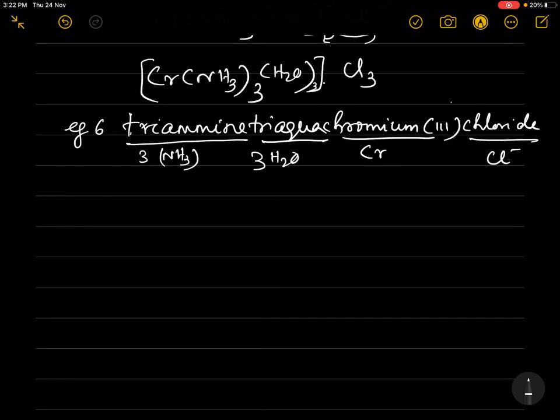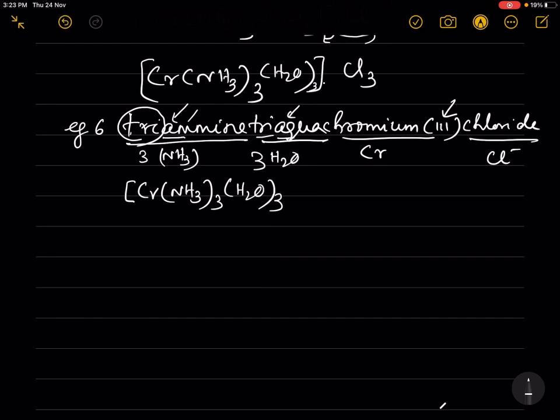But we have to list the central metal atom first, chromium, then the ligands in alphabetical order: ammine, aqua, so ammine comes first, NH3, numerical prefix is 3, so I should write 3. Triaqua, tri means 3, then the square bracket ends, then I have to find the charge over it because it is a cationic complex, so the number is written before the plus, then Cl minus.